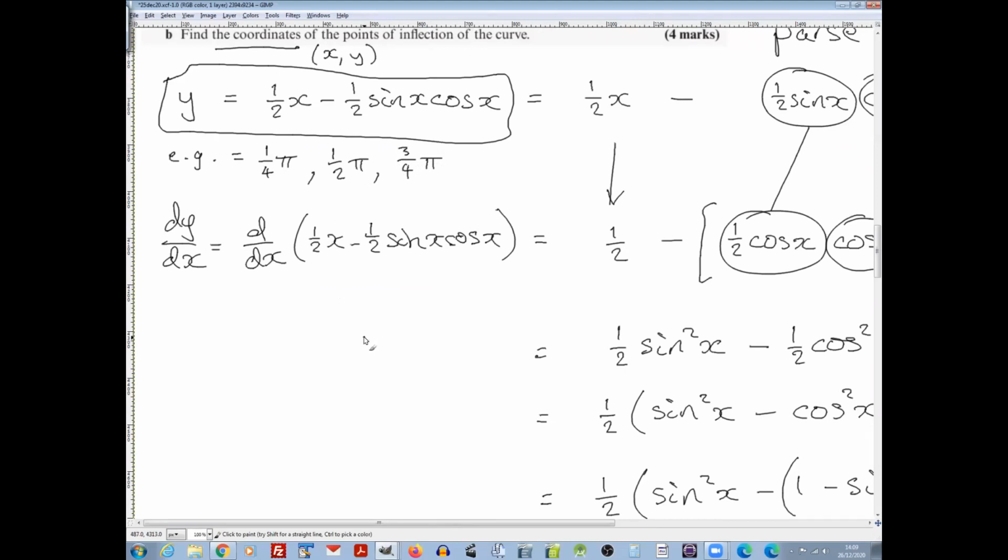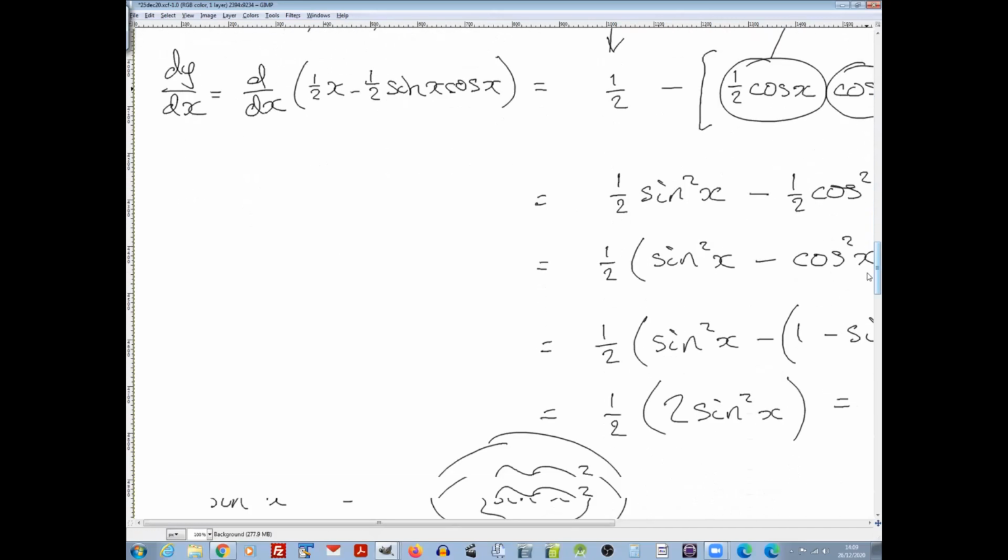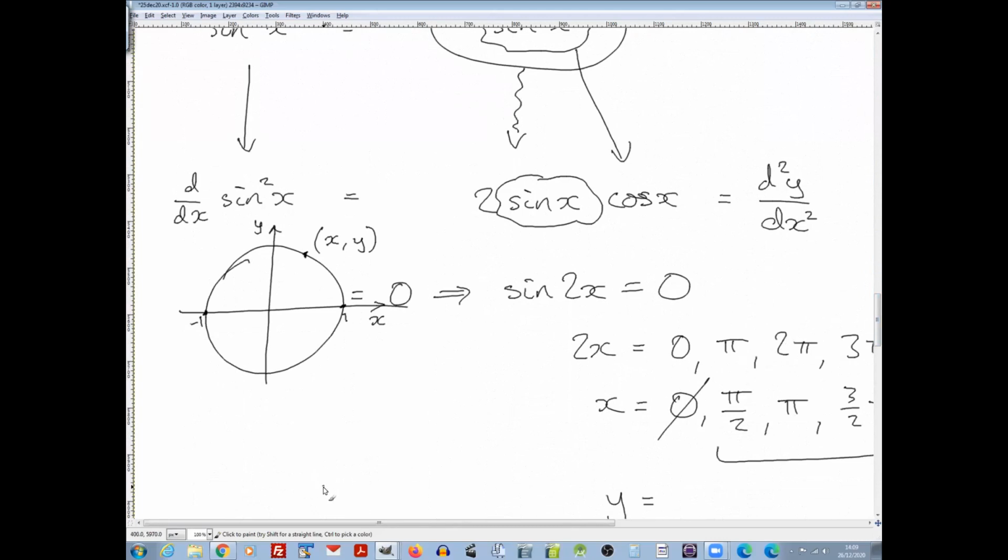Remember, the x value 3 pi over 4 is from this part, but the x value was 3 pi over 2. What's the sine and cos of 3 pi over 2? Well, 3 pi over 2 is 6 o'clock. So the sine value there is -1. But the cos value is 0, because cos is x.